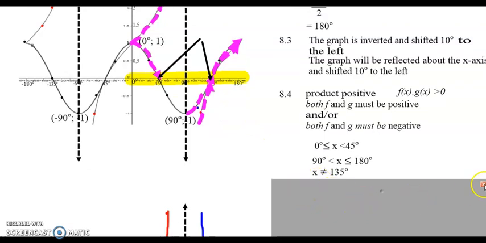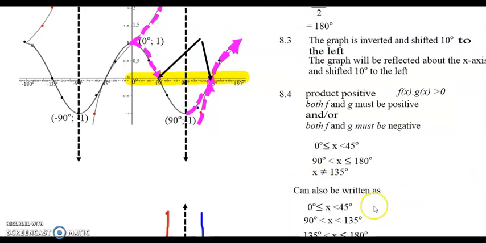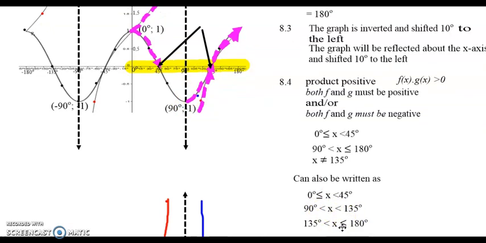The very same can be said for the following. I can say that x lies between 0 and 45, it includes 0. Then from 90 to 135, but it does not include 90 and it does not include 135.